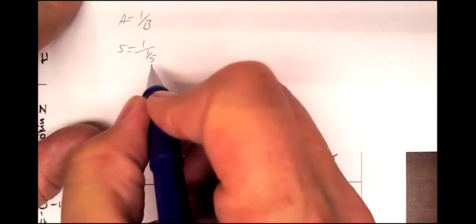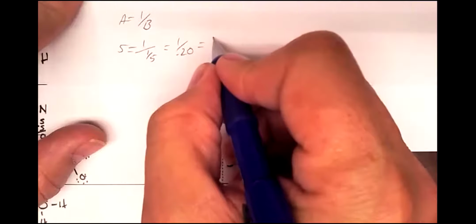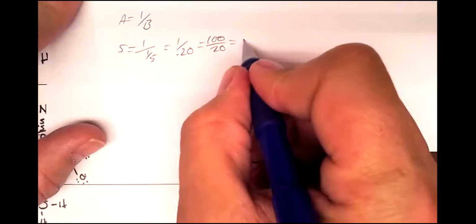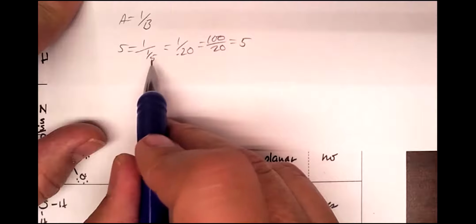It's 1 over 5, because what is 1 over 1 over 5? One over 0.20 or 100 over 20. Same thing, which is, guess what? 5. How many 20s can you cram into 100? 5. What's 100 over 20? 5. How many 0.2s can you cram into 1? 5. So what's 1 over 1/5? 5.